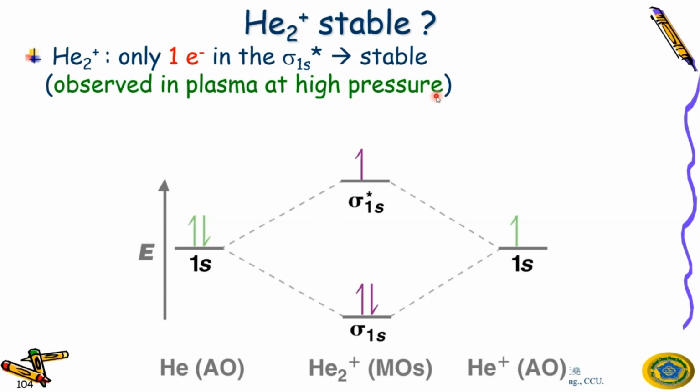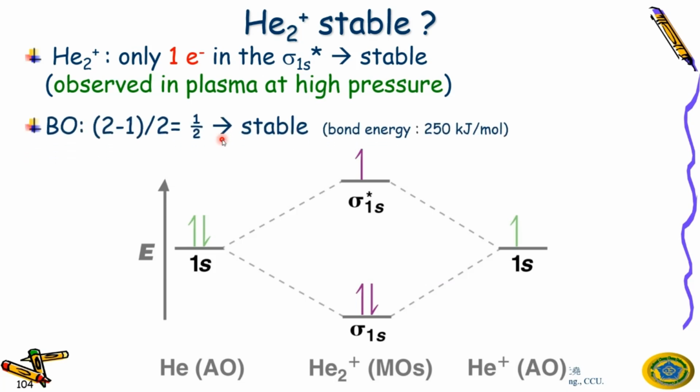Of course, this molecule is not stable at room temperature, but this kind of molecule can exist in some conditions, such as plasma and high pressure. We don't have time to talk about plasma, but plasma is a very interesting topic. So you have 1.5 bond, and you can see this in some kind of reactor.